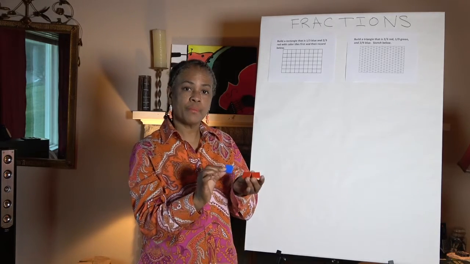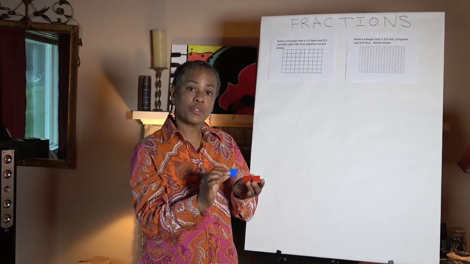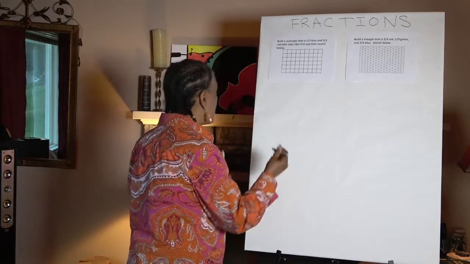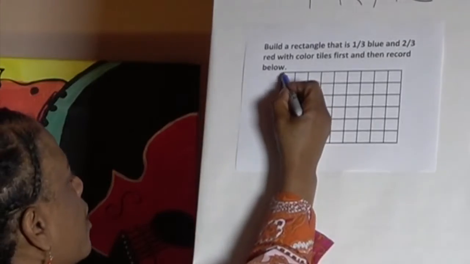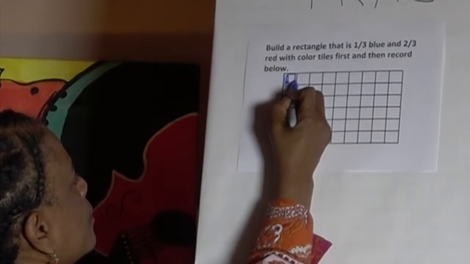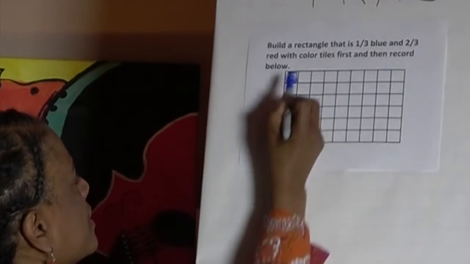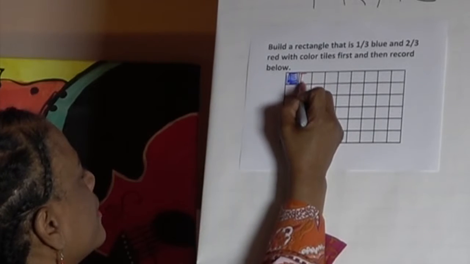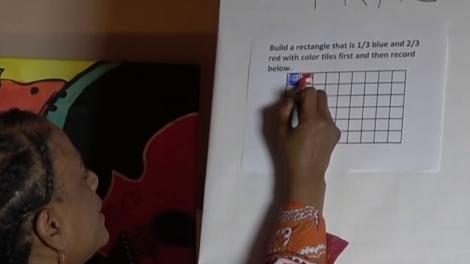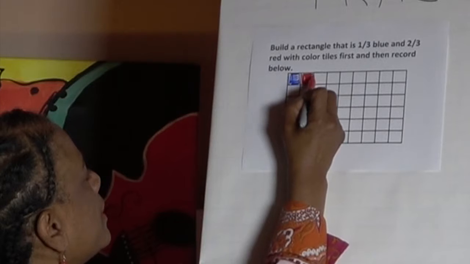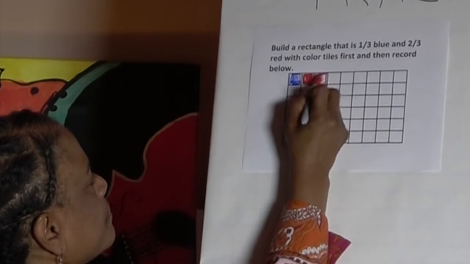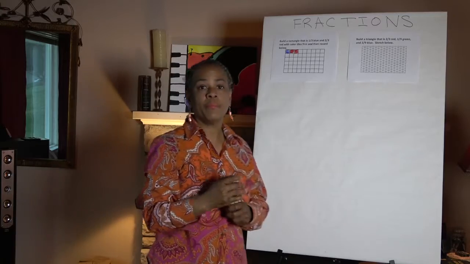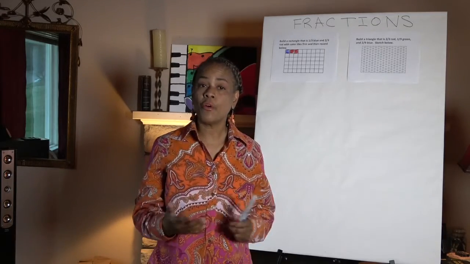So I have them first use the color tiles, and then I have them actually color it in on their paper. So one of the tiles could be blue, and 2 of the tiles red. Now I don't tell them how many tiles to use, because depending on the student, they may already know a little about fractions.